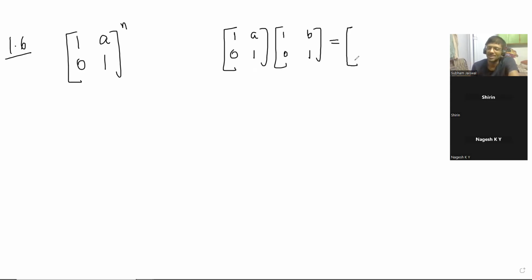I know we sound silly, we are just multiplying matrices, but still, tell me what's the answer. 1, a plus b, right? Yes, a plus b. That's the cool thing. Then it's a 0 plus and 1, then 1, right?